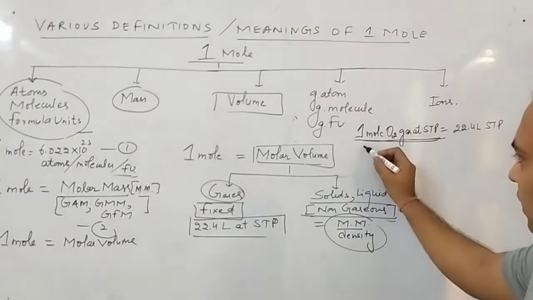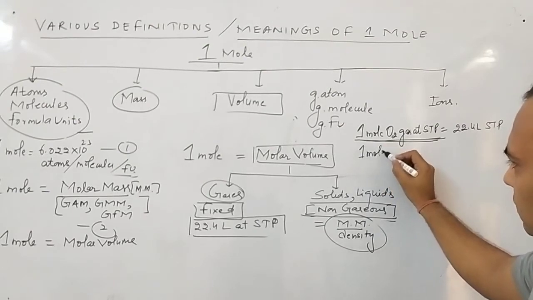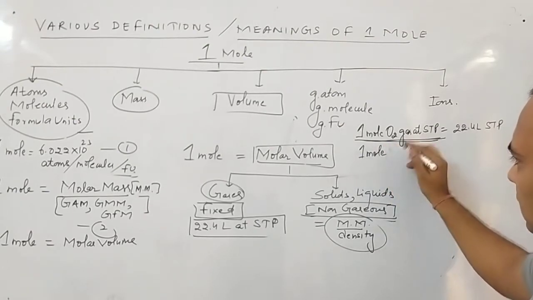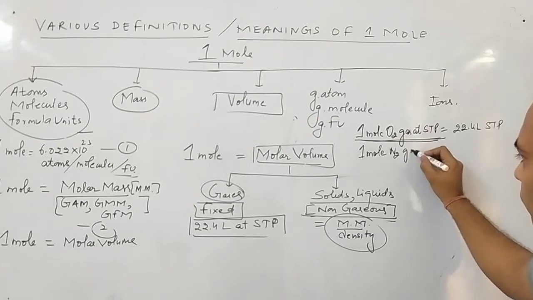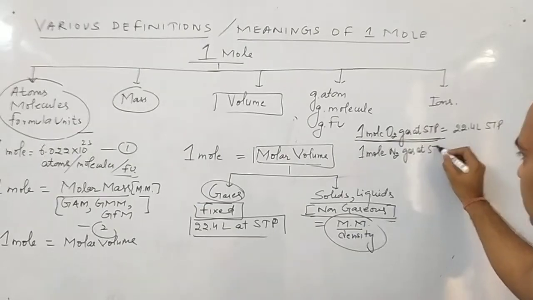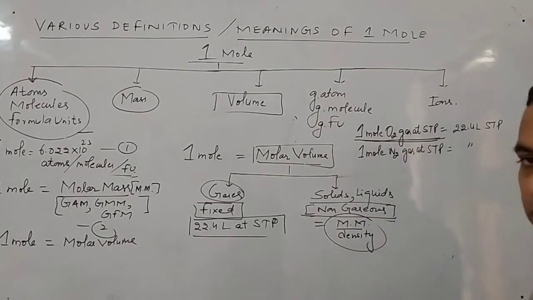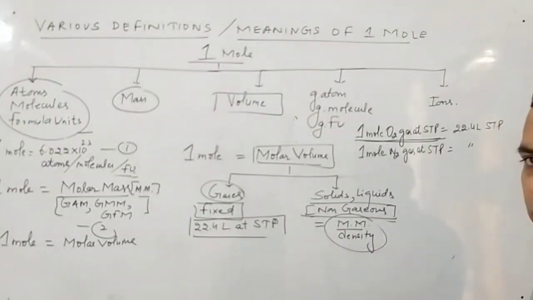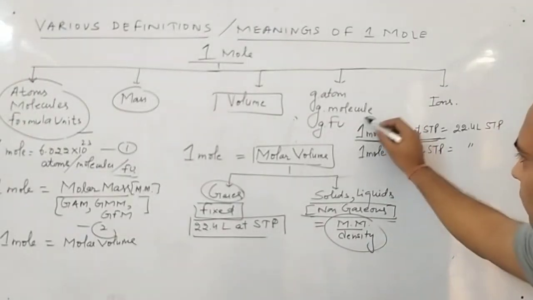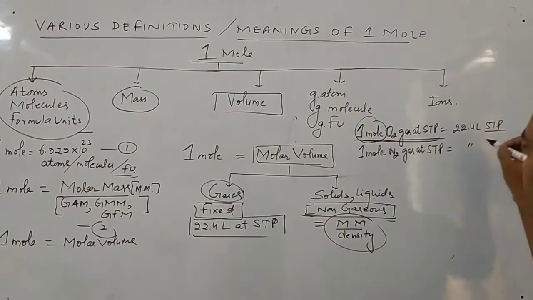Remember? Similarly, if I take any gas, 1 mole, I can take nitrogen gas, 1 mole of nitrogen gas at STP, again the same. Whatever be the case doesn't make any difference. You have to see 1 mole and STP, which is very important.